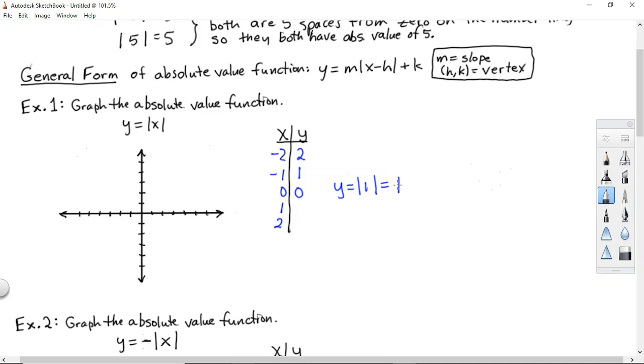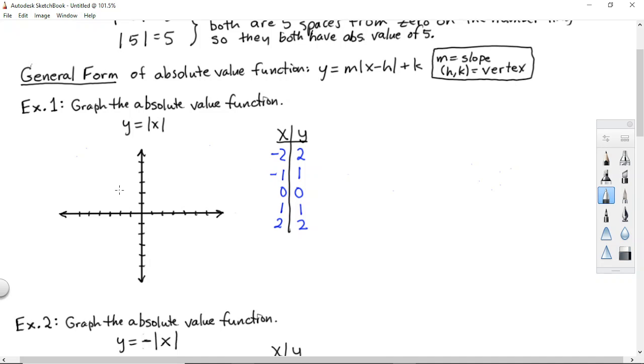So that's where we get the 1 that we're going to write right here. Okay, so when we plugged in 1, we get 1. We plug in 2 for x. The absolute value of that is 2. So there are our points we're going to plot.